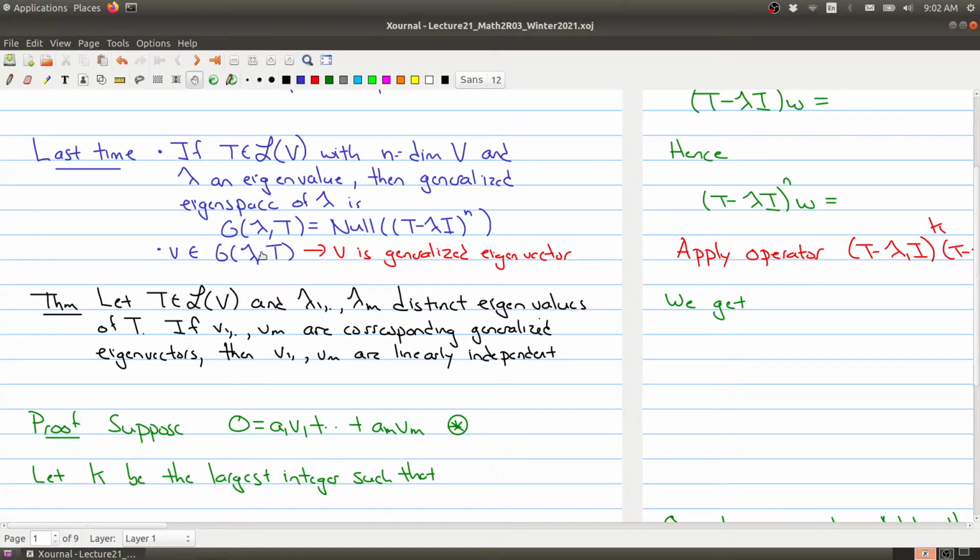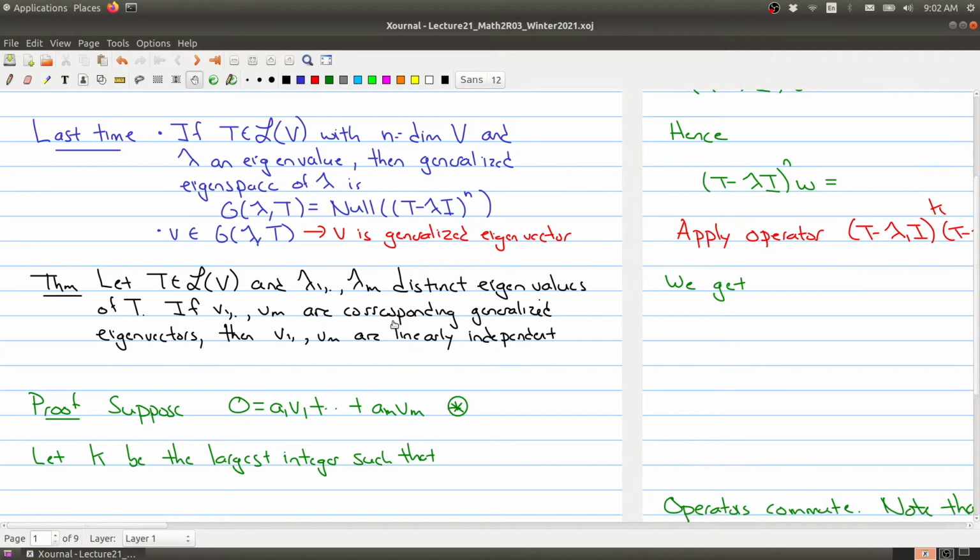We call a vector in this set a generalized eigenvector. An eigenvector is the case where the power is 1, the null space of this particular operator. But now we're allowing powers of this operator, and any vector in this set is called a generalized eigenvector.